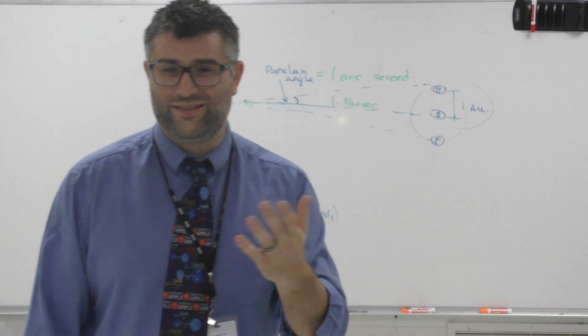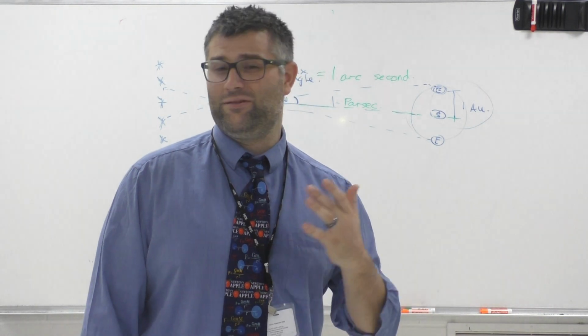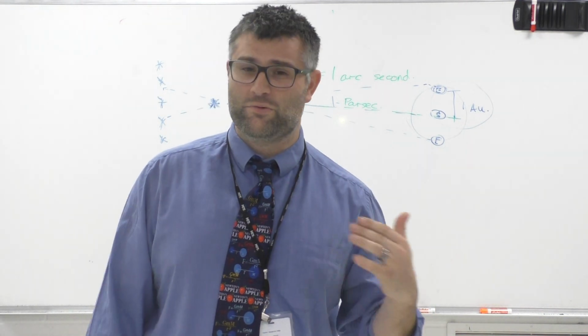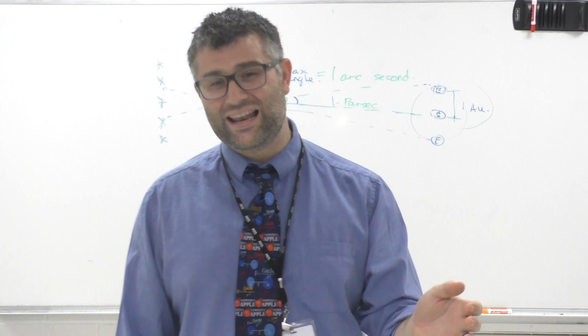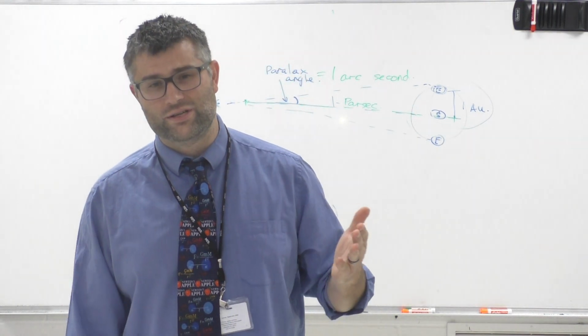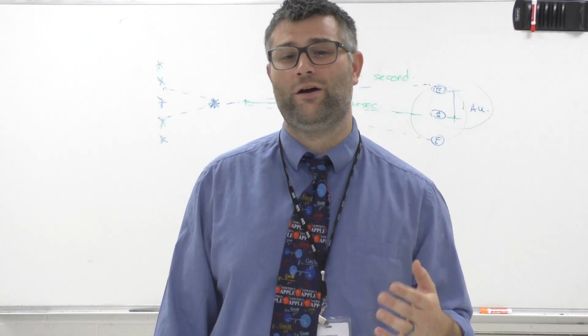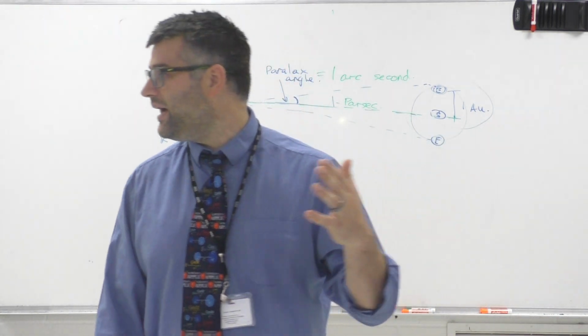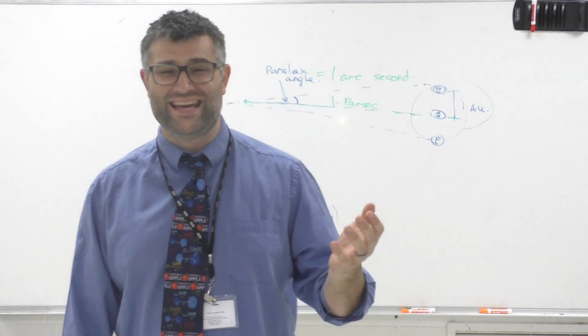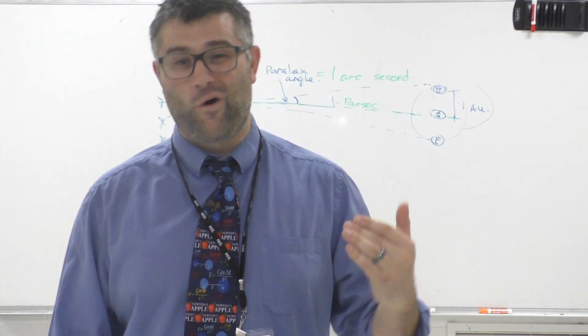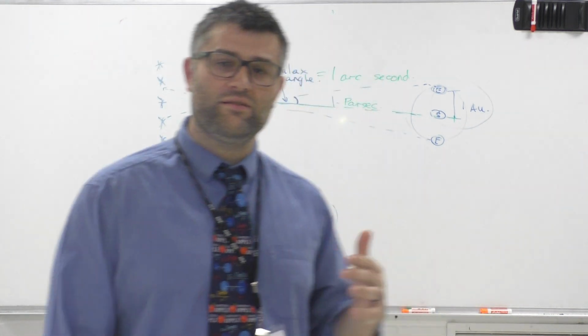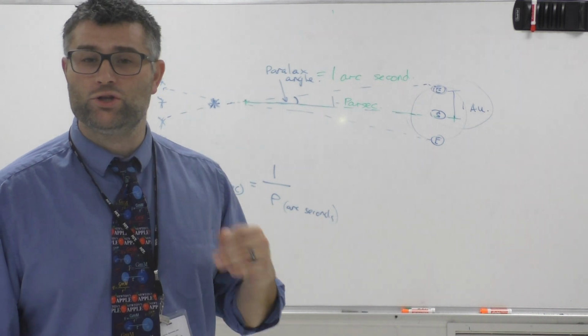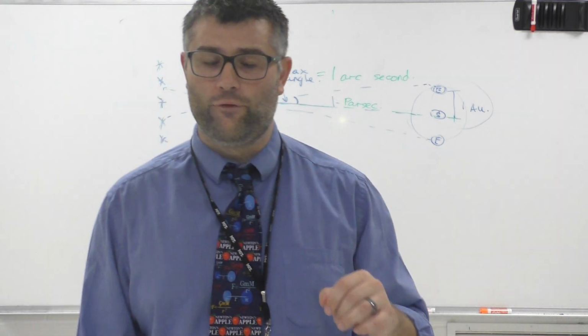So actually, the distance is limited. And really, for all intents and purposes, when we start talking about distant stars into the galaxies, this method is pretty much useless because galaxies are so far away. We start talking about megaparsecs, which mega is times 10 to the 6, and as you can imagine, that is a long way away. So these measurements and calculations don't work too well for those.